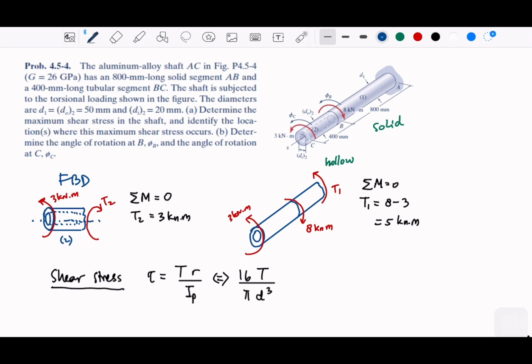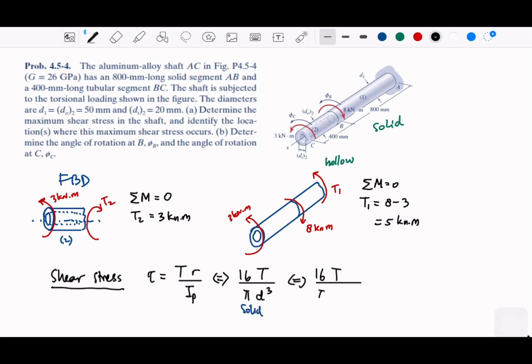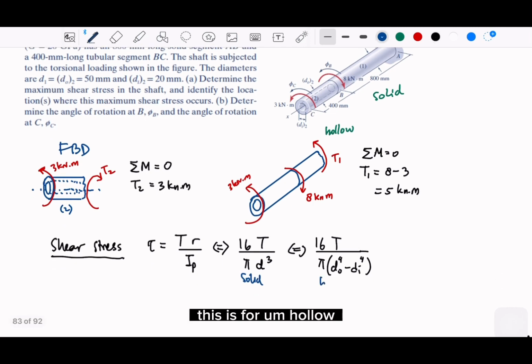This is for solid. For hollow, then the difference is just in the diameter. This is for hollow.